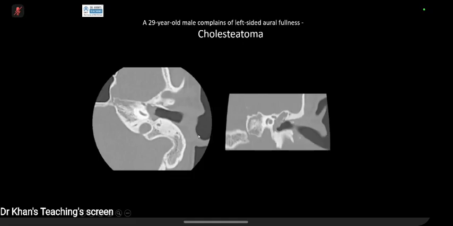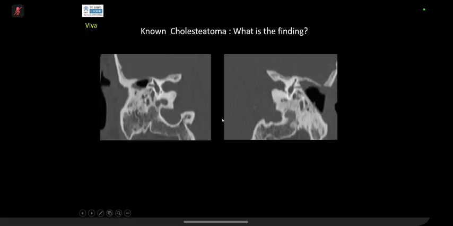This is a case of cholesteatoma where you can see this opacity, which is completely replacing the middle ear cavity, and it is causing erosion. Where are the ossicles? The ossicles are gone, that is erosion, and there is an opacity which is completely replacing it. The key thing I want you to remember is the lateral semicircular canal.